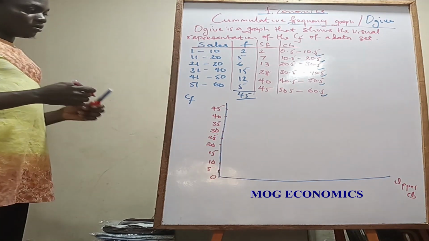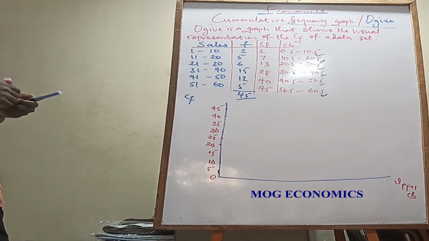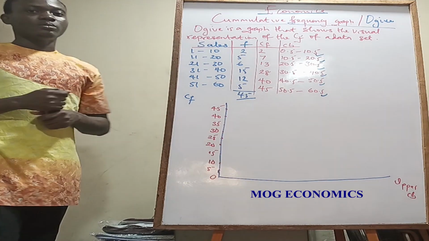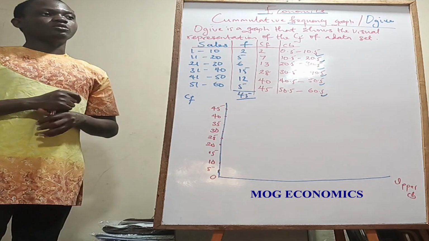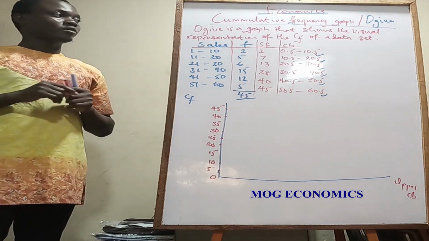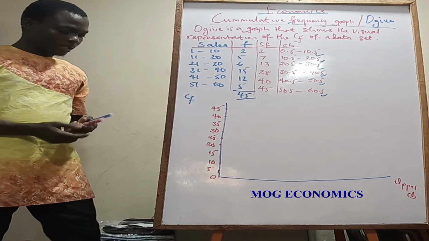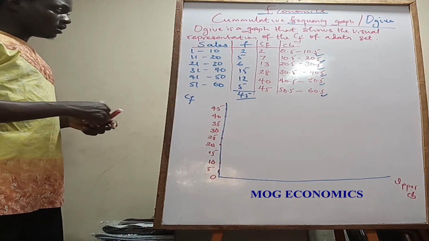Now, there's something about this: the cumulative frequency graph must start from the x-axis. So for the very first interval, we also pick the lower class boundary. Let me explain what I mean.